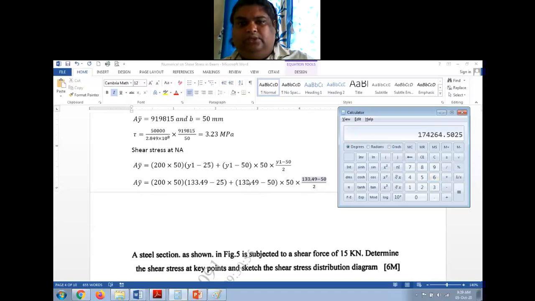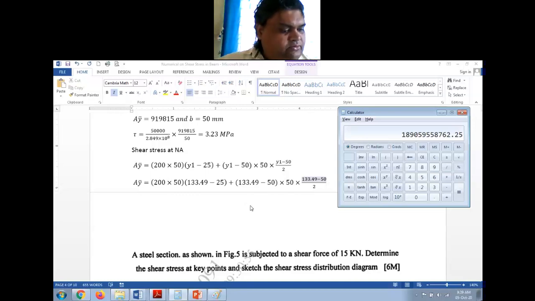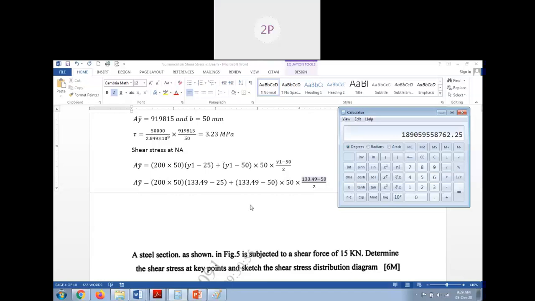So this is this part into 200 into 50 into 133.49 minus 25. I got a very huge value. Let me just check. I think there is something mistake in the calculation.